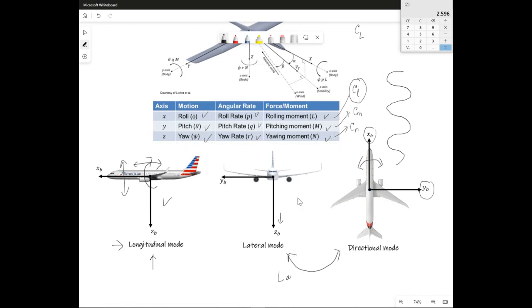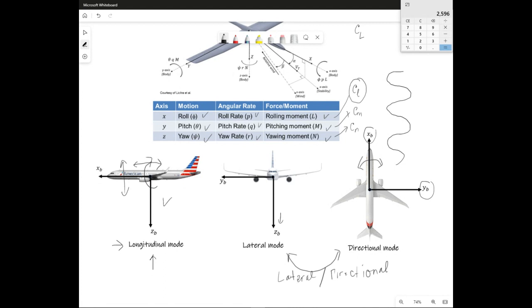That's why sometimes in books they call it lateral-directional, lateral with a slash directional, because when you talk about a conventional aircraft like this, you can't simply separate them.